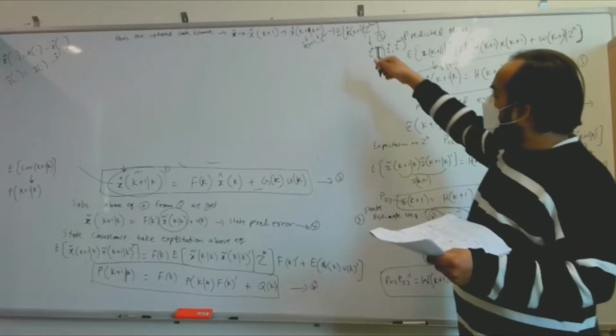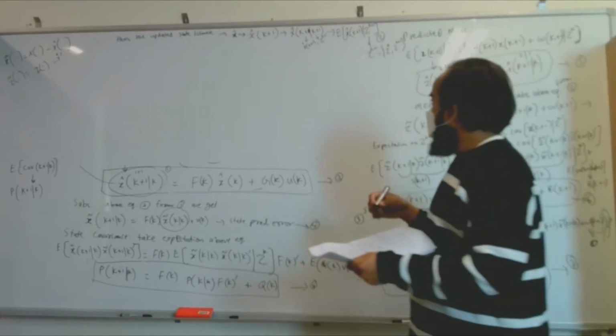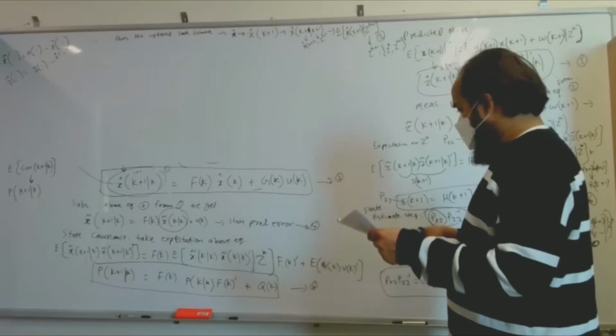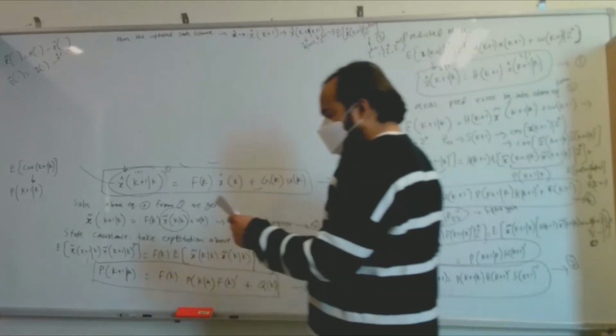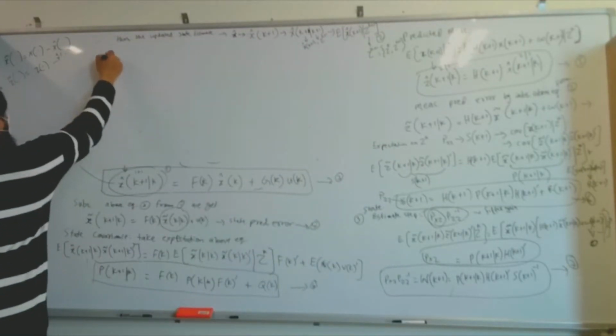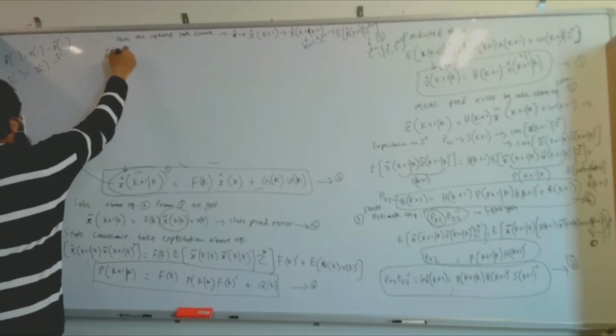So according to this, we have to update using this filter gain, like this one, k plus 1.